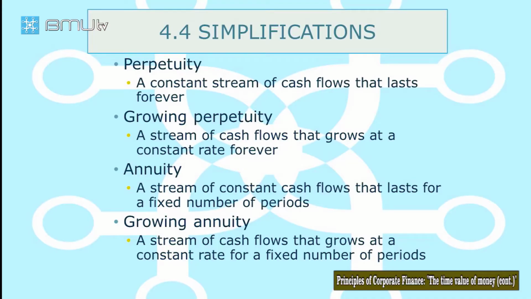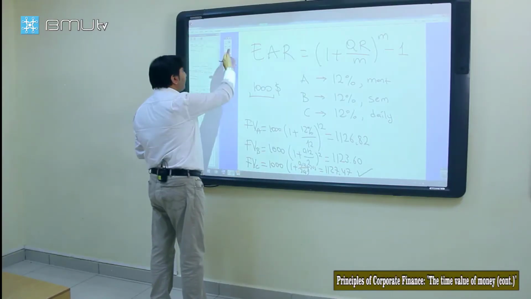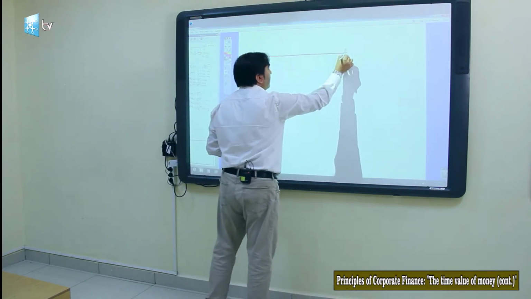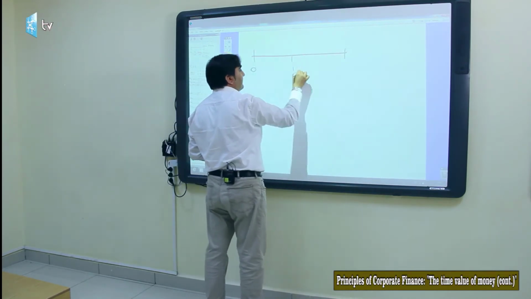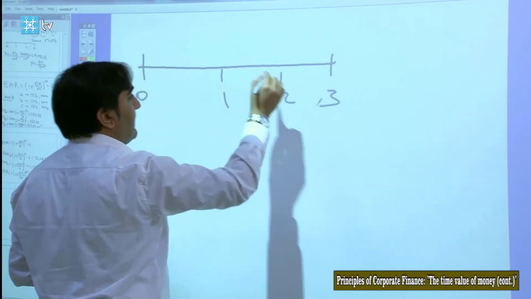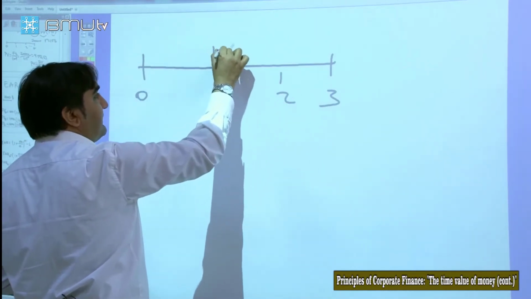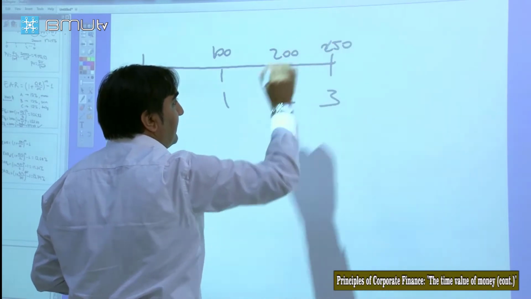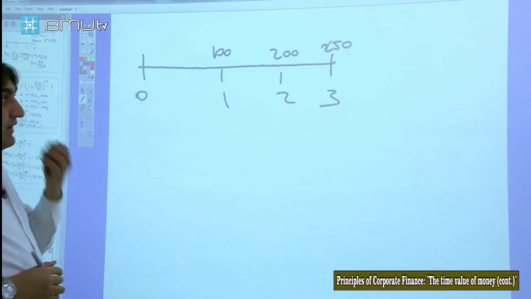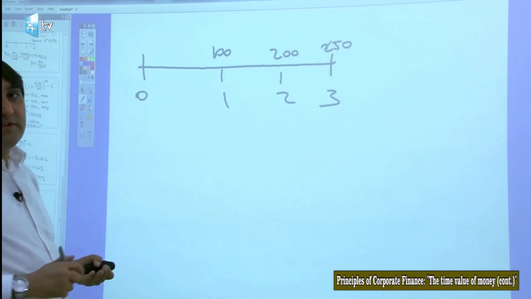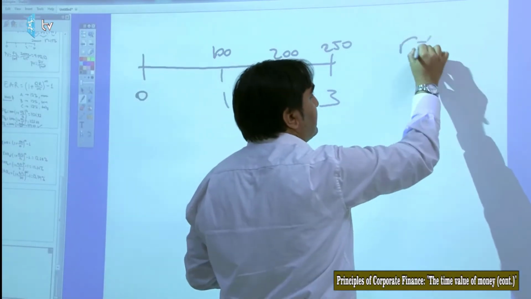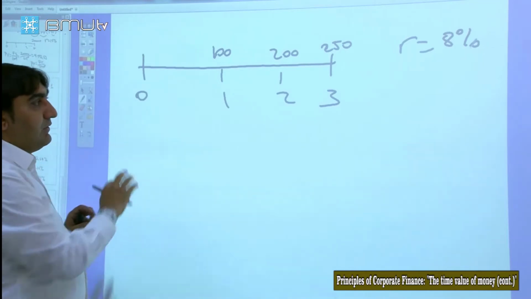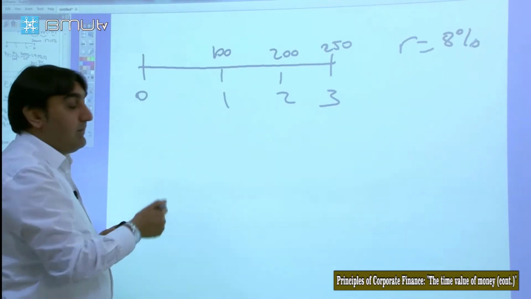For example, we said that if we have multiple cash flows, for example, cash flow 100 here, 200 and 250. So if we require to find present value of these cash flows at, for example, 8% rate, what we do, we find present value of all these cash flows one by one and sum up all.